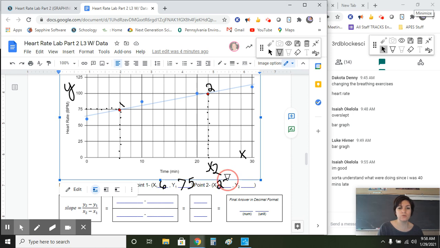Got it. Now I need to figure out for this point, what's my y? Take it over to your y, all the way over to the y. Y2. That's 100.